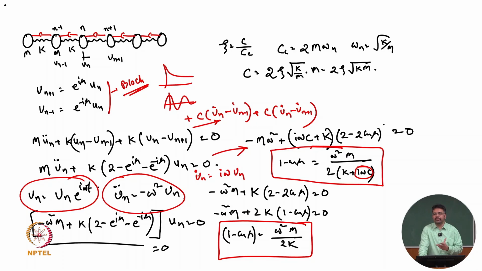That means there is a phase difference, like your k is in some direction and c is in some other phase. A 90-degree phase lag is always represented by i. So there is a phase difference in that. And most importantly, if there is a phase difference, how can we solve it?